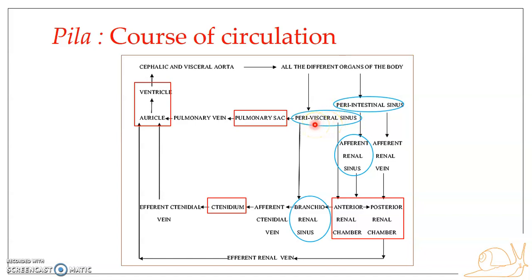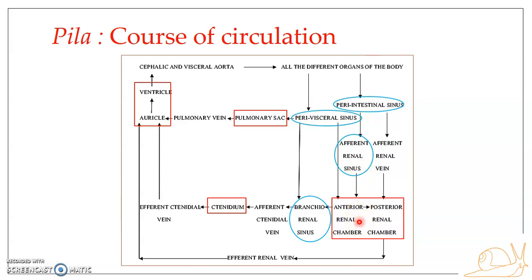Okay, now from the periintestinal sinus, you can see the blood flows to the renal chambers. You can see here it flows into the renal chamber through the afferent renal vein, as well as through the afferent renal sinus. So the blood flows from the periintestinal sinus into the afferent renal sinus, and blood is collected over here, and from there it is poured into the renal chamber.